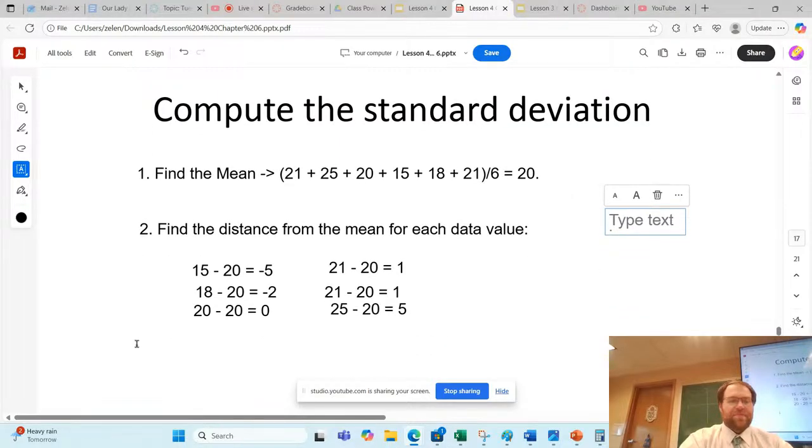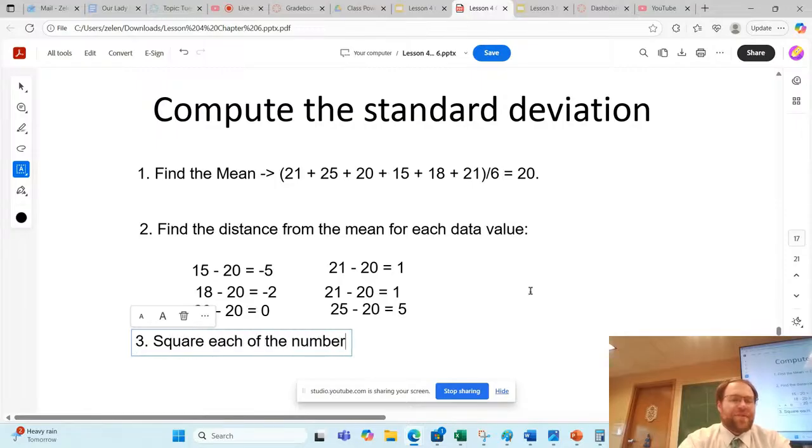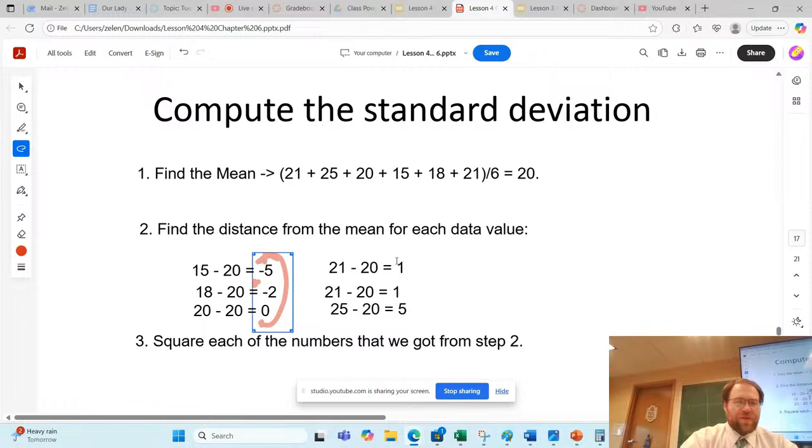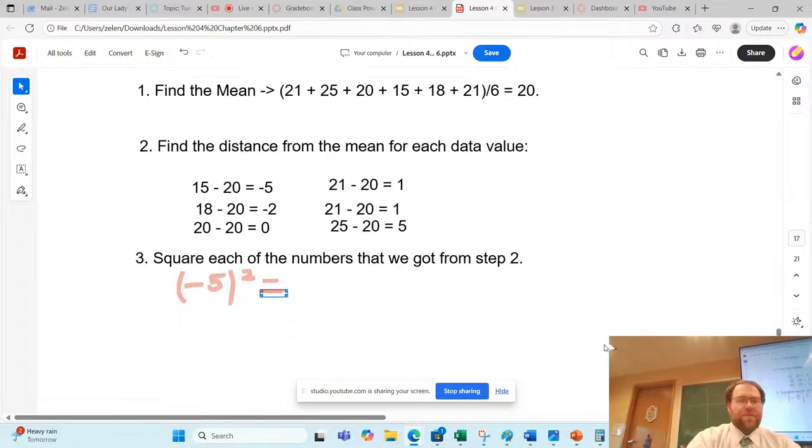Then you have to square each of the numbers that we got from step 2. So -5 squared would be 25.